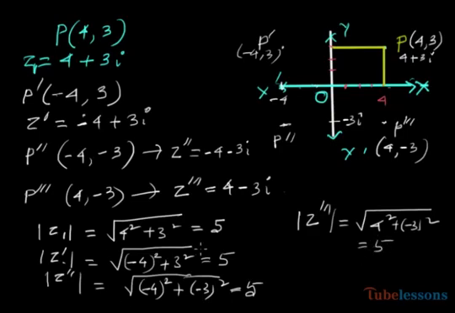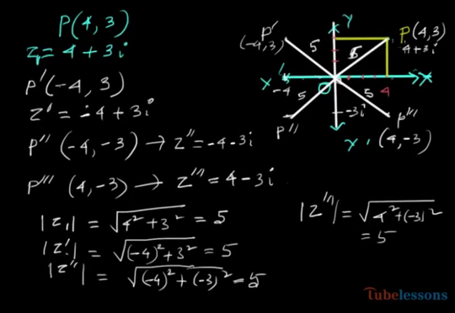So the length of all these is 5 units, so they lie on a circle of radius 5.